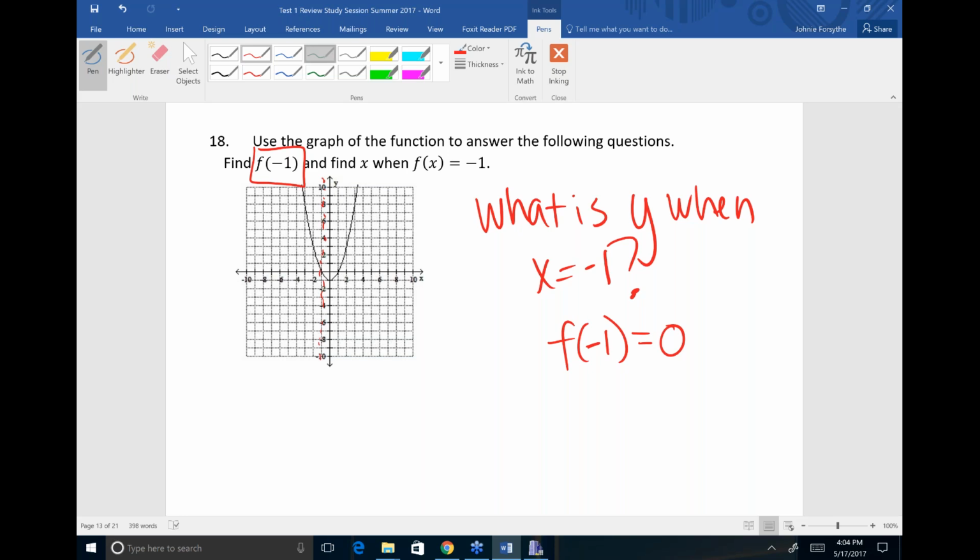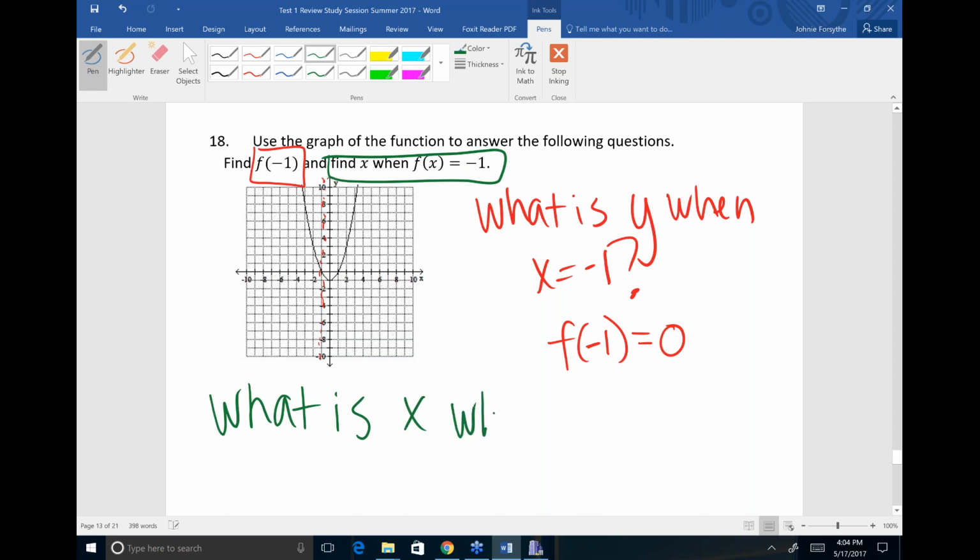Now, let's do the other one. Find x when f of x equals -1. This is asking you what is x when y equals -1. So go to the y-axis at -1. There it is.